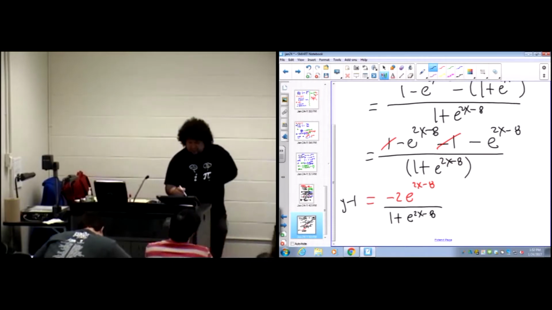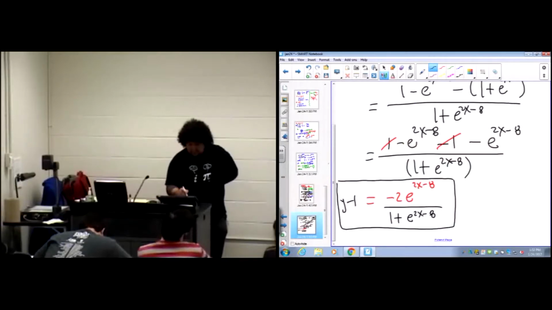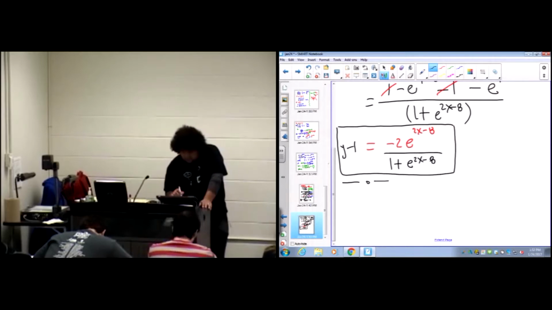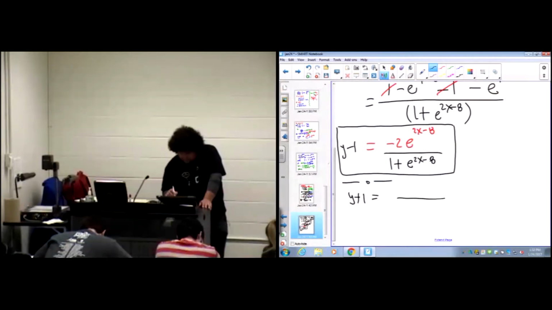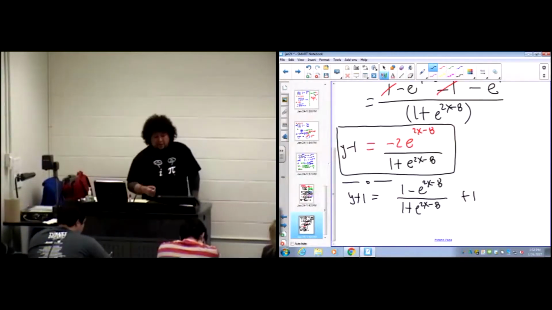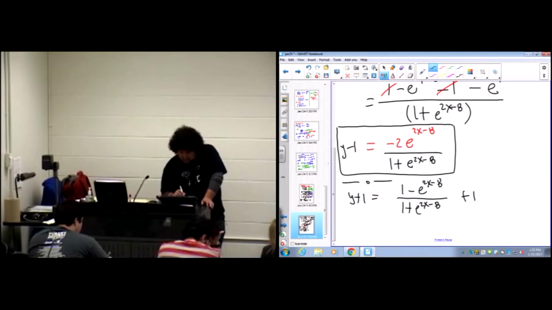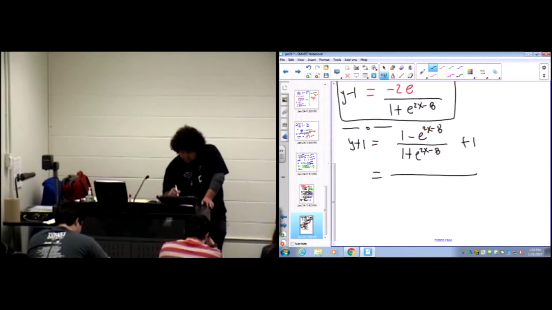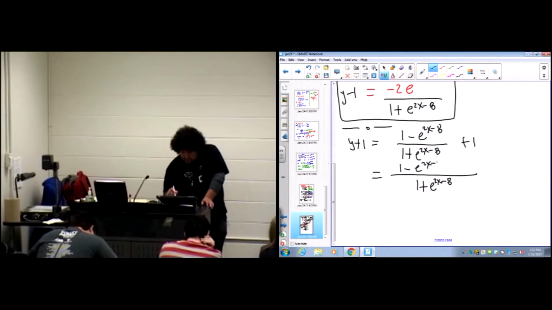Let's now compute y plus 1. We add 1 to y, and so this becomes 1 minus e to the 2x minus 8 plus 1 plus e to the 2x minus 8.